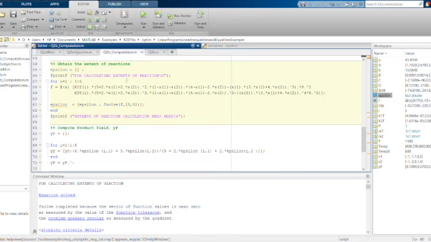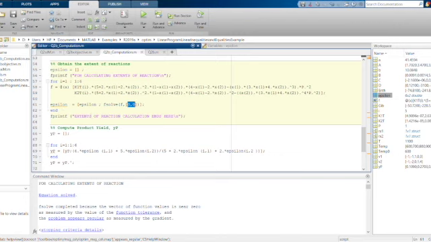Finally, we can calculate the extent of reaction as well as the product yield. The procedure to calculate the extent of reaction is exactly the same as what we did for the equilibrium constant, but the only difference is the fsolve function. The fsolve function is used to solve the nonlinear equations by setting the initial point at 0, 0.